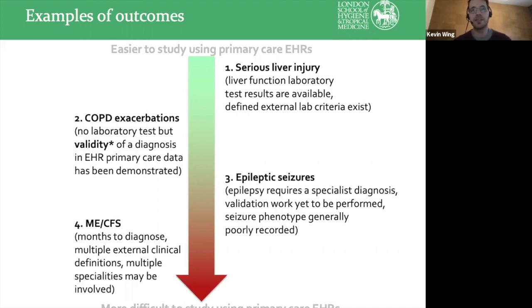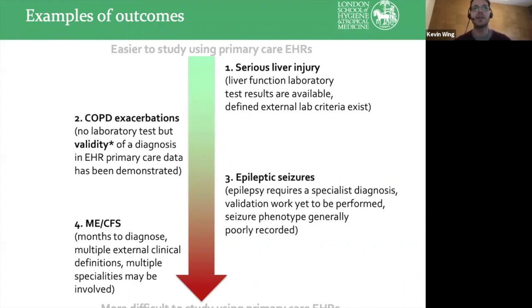And for serious liver injury, you can get liver function tests. They're available. And also there is a defined external laboratory criteria for defining something like serious drug-induced liver injury. So those criteria exist and are quite clear. So that's a relatively easy outcome to define.